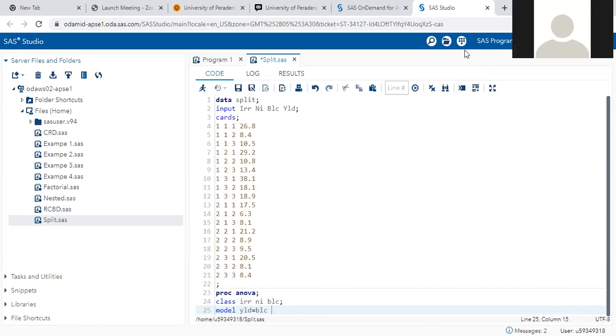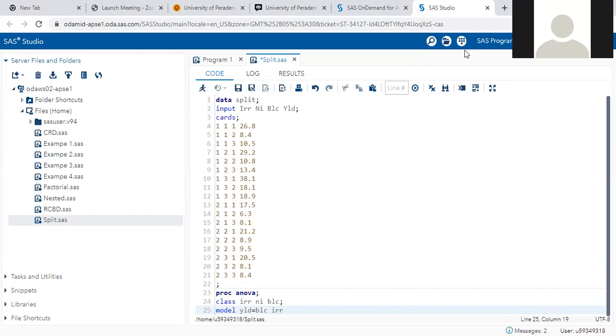Then what factor? Irrigation. Right. Which is the main factor here? Irrigation. Oh yes, irrigation. So I will write it as irrigation. Then what is the third one?